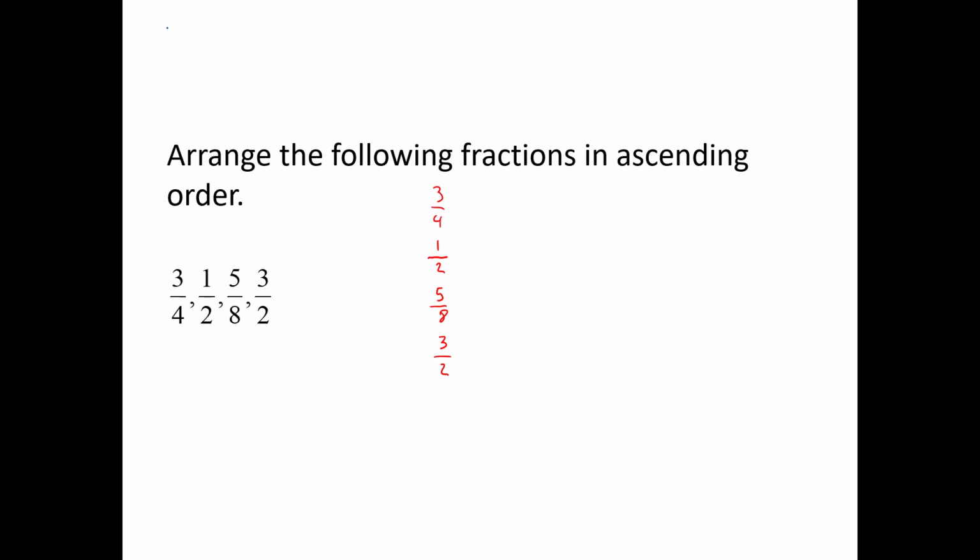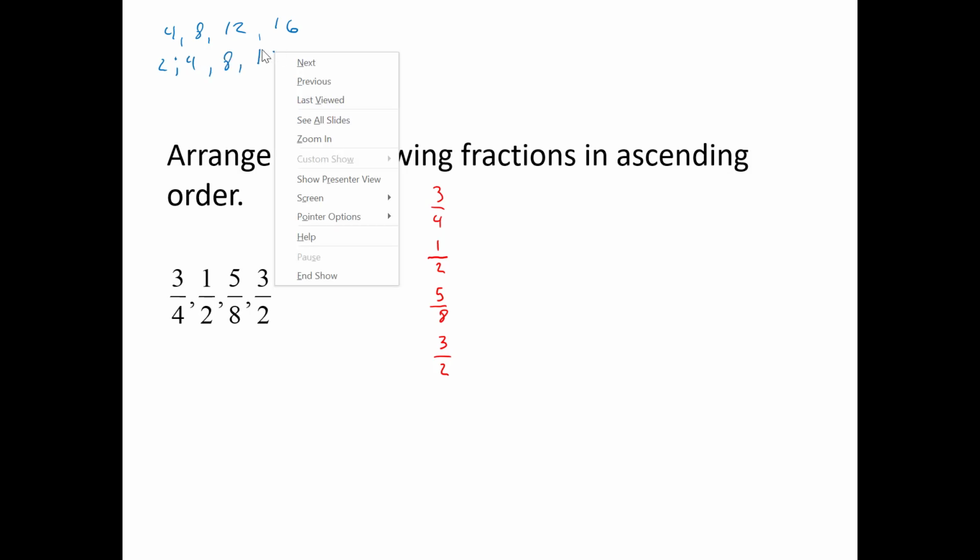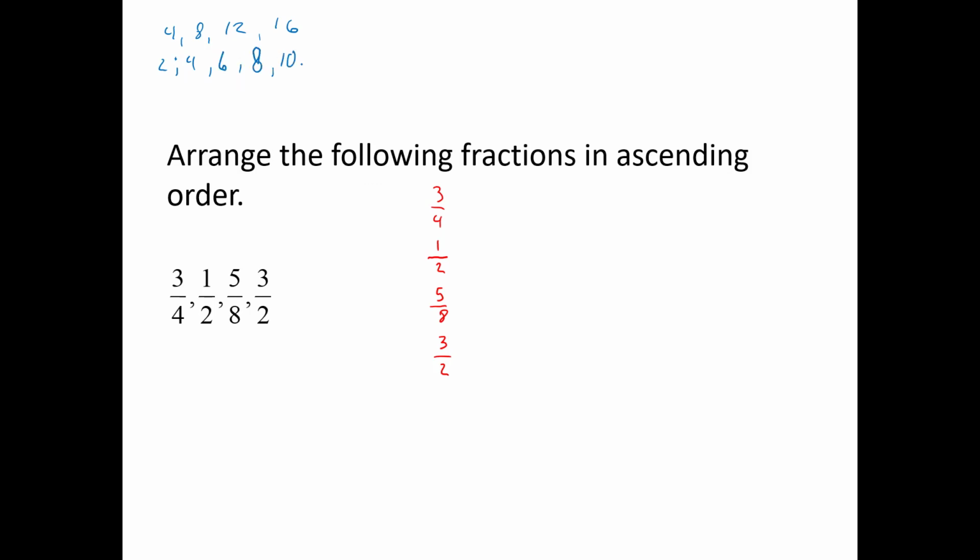And the multiples of 4 are 4, 8, 12, 16. The multiples of 2 are 2, 4, 6, 8, 10, 12, and the multiples of 8 are 8, 16, 24, 32.